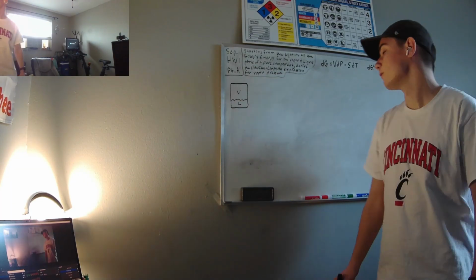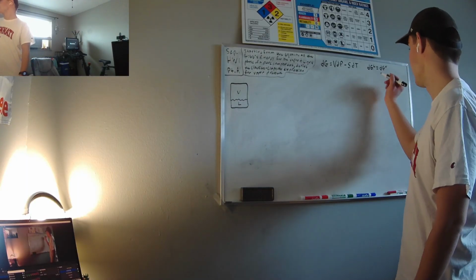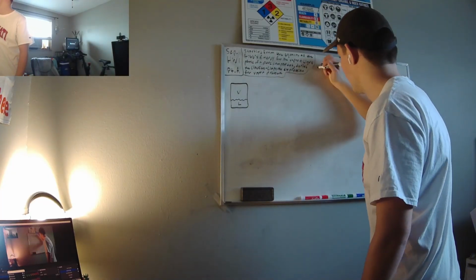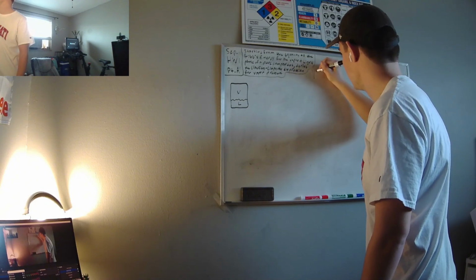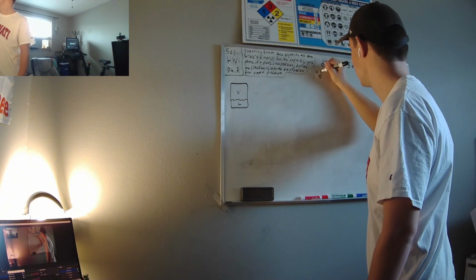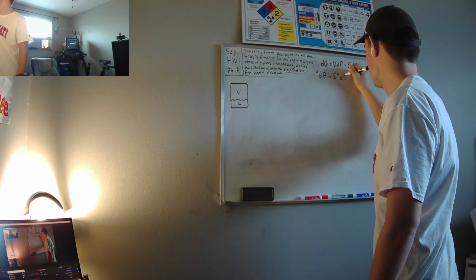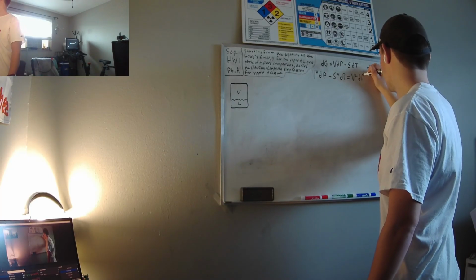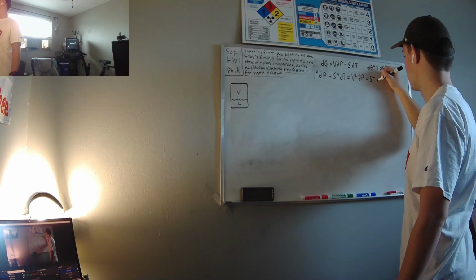Now that we have our fundamental property relationship for the Gibbs free energy and our previously derived dGL equals dGV, we can say the volume of the vapor phase dP minus the entropy of the vapor phase dT is going to equal the volume of our liquid phase dP minus the entropy of our liquid phase dT.